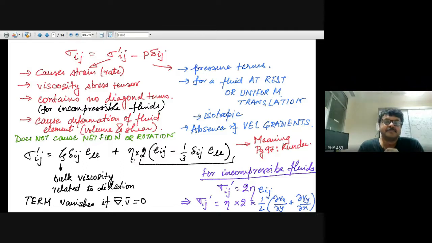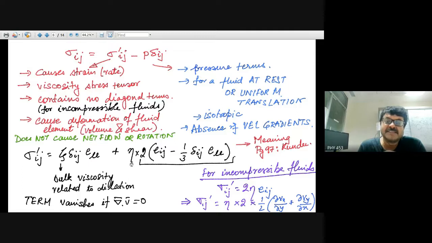And the normal viscosity, so this is basically the diagonal parts, and this is the dynamic viscosity, which you relate to the viscosity.